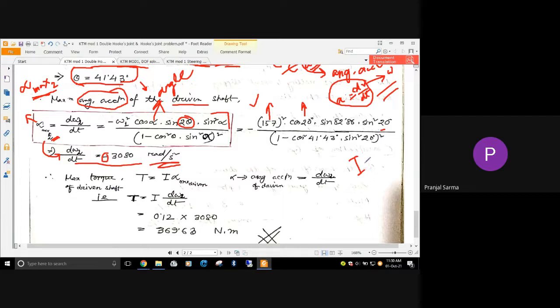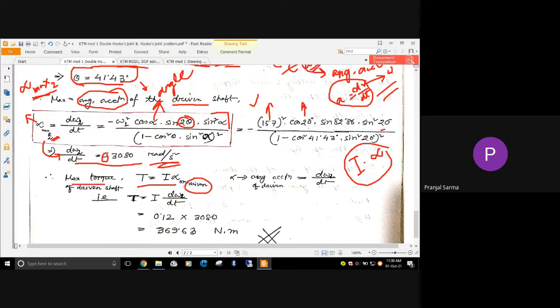We know alpha, which is required for your alpha 2, the alpha for the driven shaft. With I and alpha both there, we can find the torque. So the maximum torque for the driven shaft, I can write T equal to I into alpha max, because if I take the maximum value of alpha, I get the maximum value of torque.